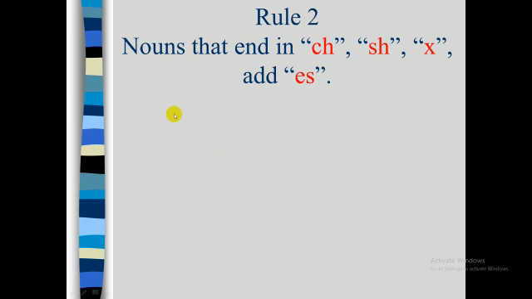Rule number 2: nouns that end in ch, sh, x, we always add es at the end. For the plural, we add es.